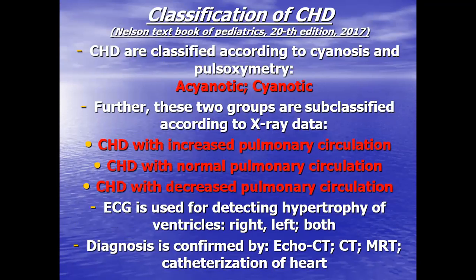A classification of the congenital heart defects. All congenital heart abnormalities are classified according to cyanosis and pulse oximetry into acyanotic and cyanotic.